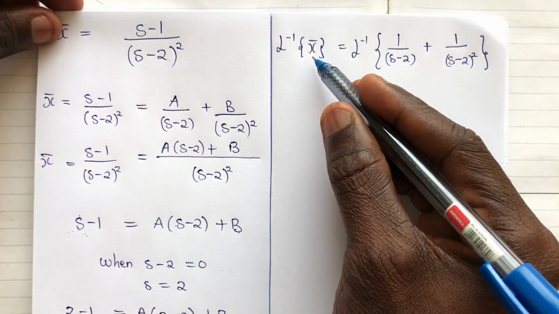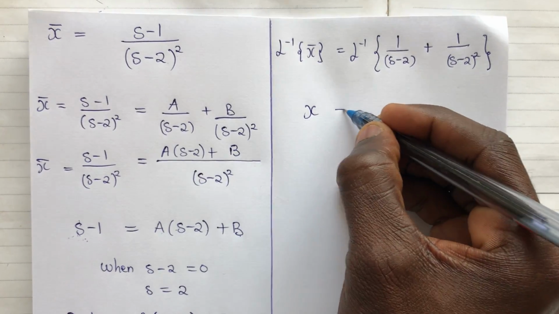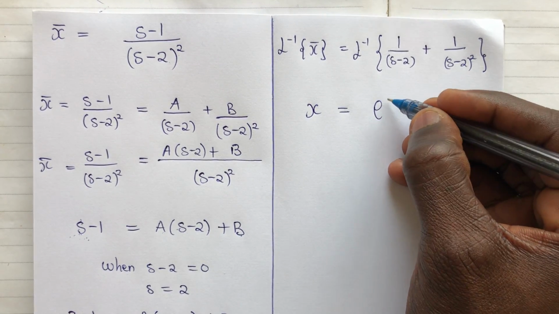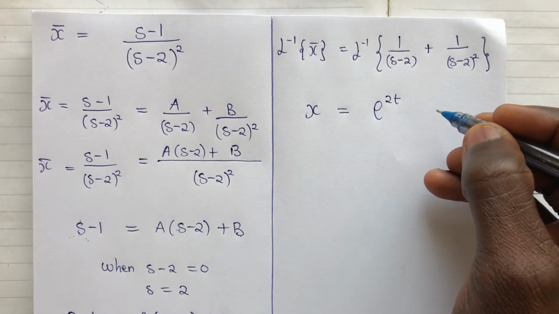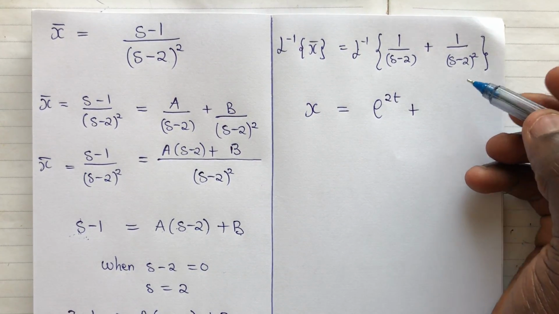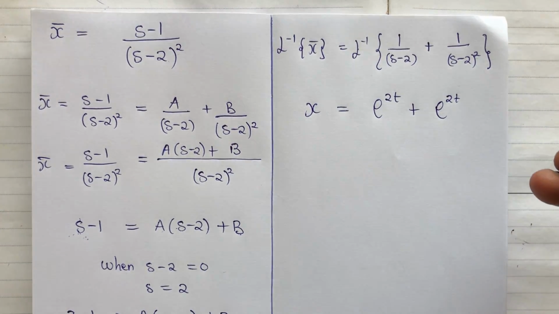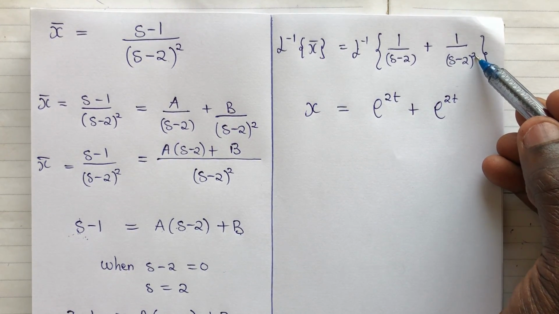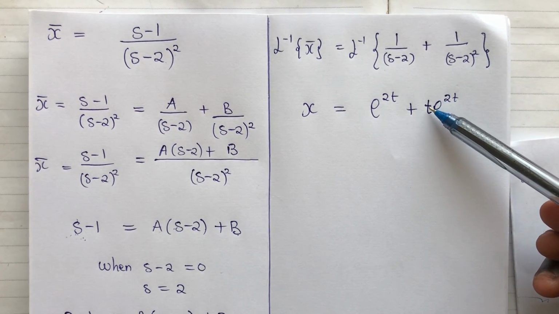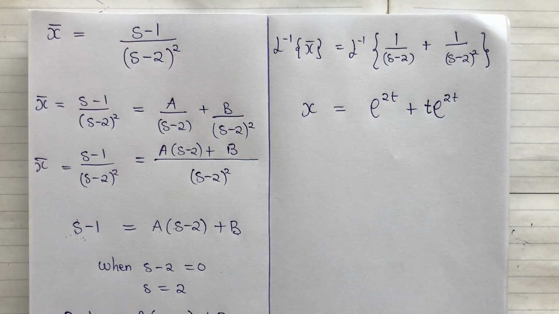So the Laplace inverse of x bar here is giving us what? X being equal to the Laplace inverse of this. We have e to the power 2t, then plus the Laplace inverse of this, which is giving us what? E to the power 2t. Now watch very carefully. There is a square here. Because of this square, you put t here. This square will make you write a t here. This rule, I'm not sure I discussed on the channel.